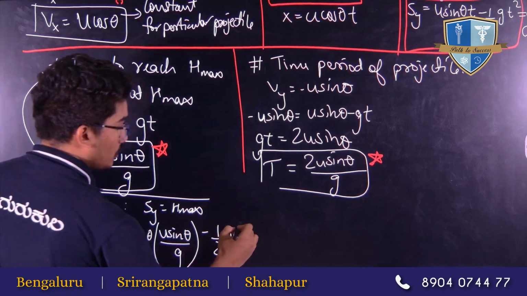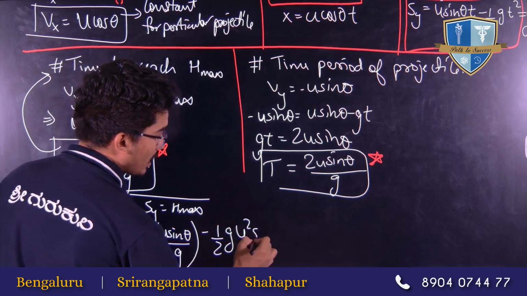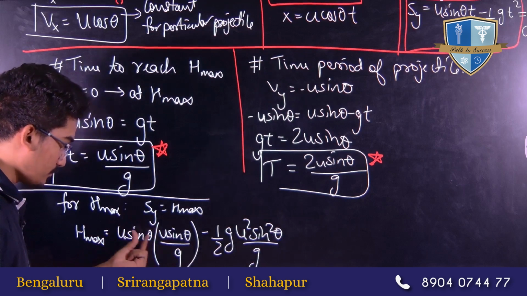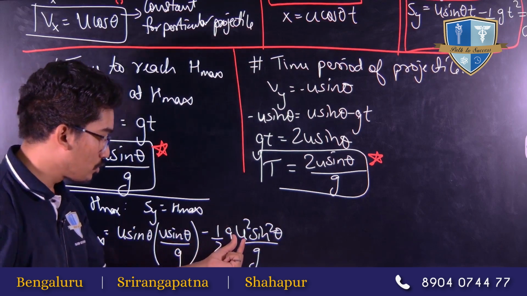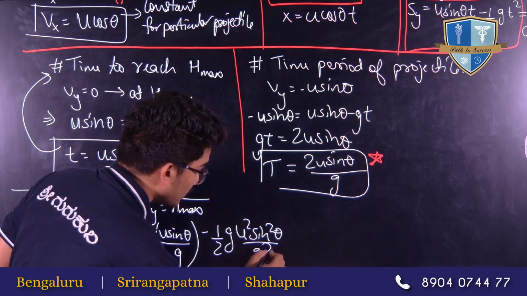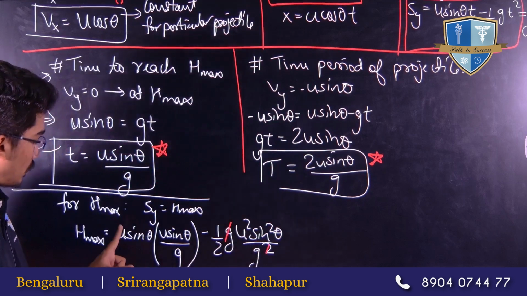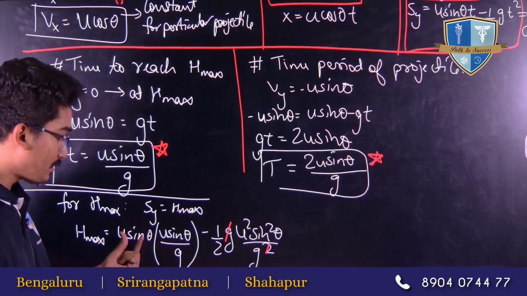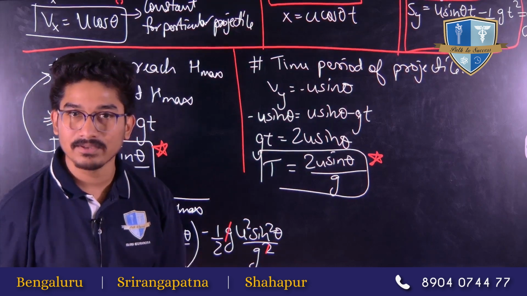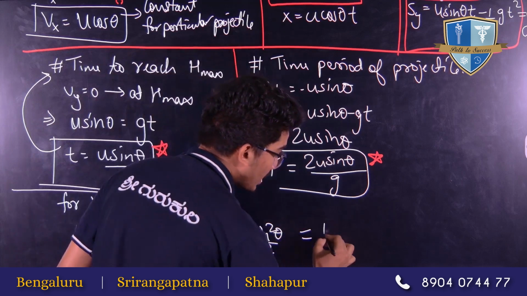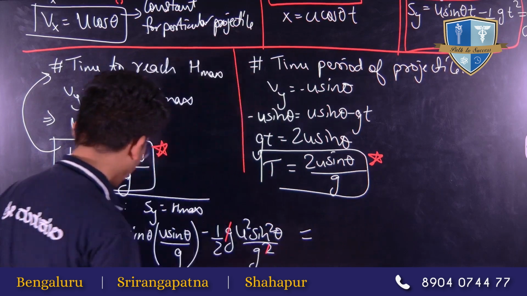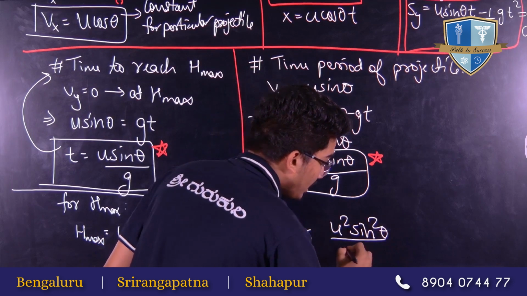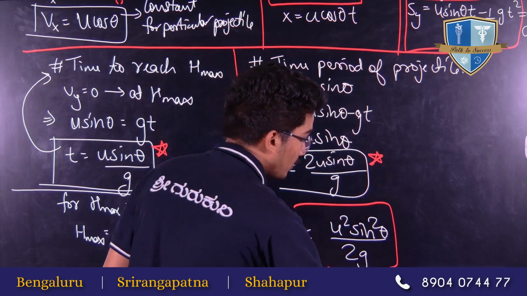Putting t as u sin theta by g, the square will be u square sin square theta by g square. One g and g cancel out. So u square sin square theta by g minus half u square sin square theta by g will become half u square sin square theta by g. So our H max formula will become u square sin square theta by 2g. So this is the formula for H max.